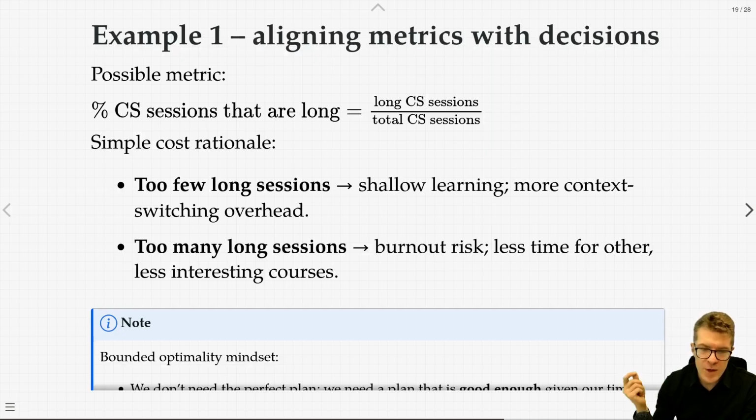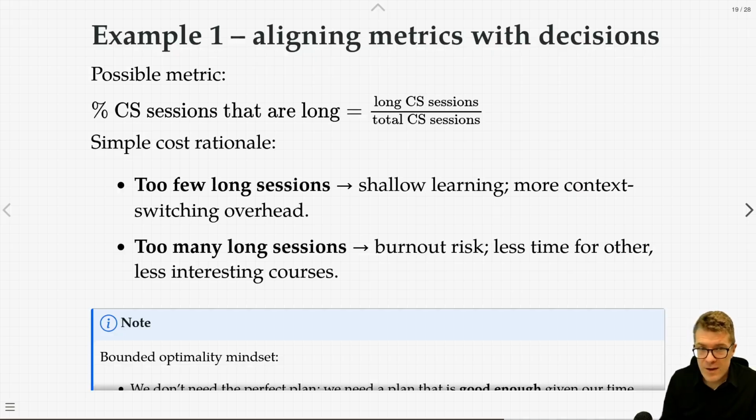Maybe we're switching between our various topics, computer science, math, history, too often, which creates some cognitive overhead, which limits the intake of knowledge and the effectiveness of a study session. So that's one way that having a percentage too small could provide some kind of cost.